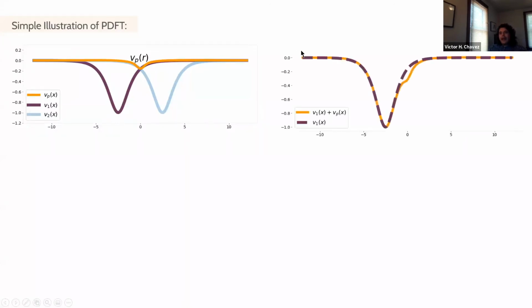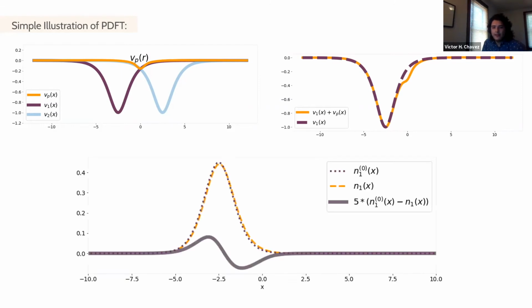I know that when I add this VP to each of the external potentials, I'm going to modify that external potential in such a way that now each of the fragment densities will add up to the true ground state density. And here, this density is not changing by a lot when I add VP, but we can start to see some interesting behavior happening.